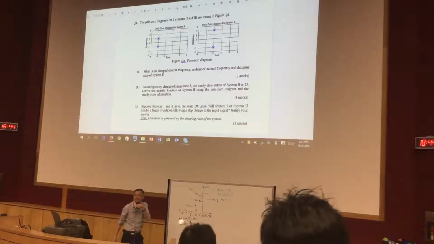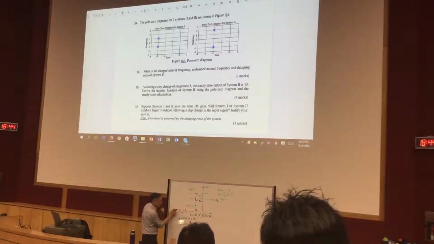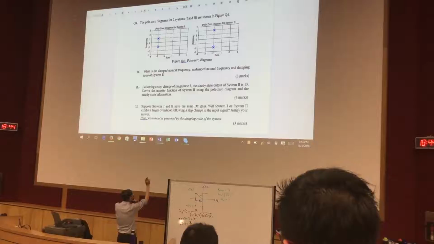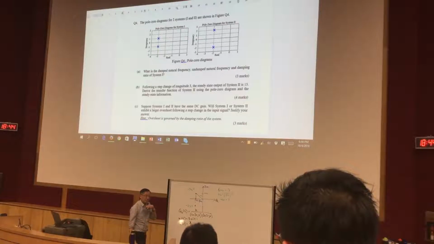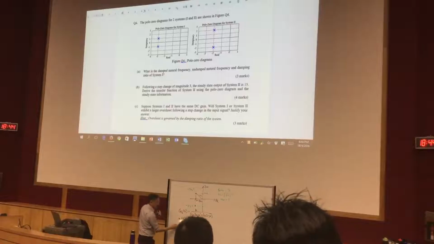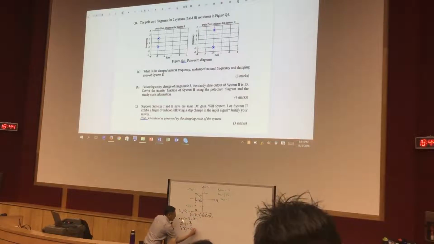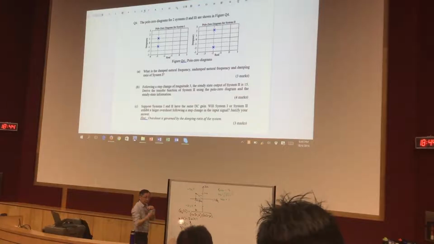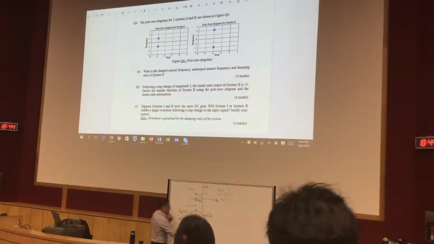G(s) is this, X(s) is this, and then he told you the steady state is 15. So from here you can find Y(s), right? And it says steady state is 15.